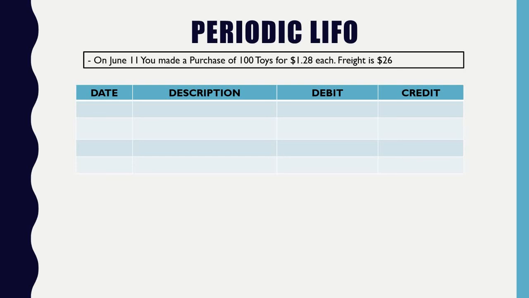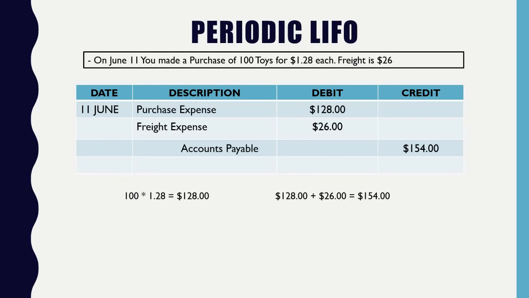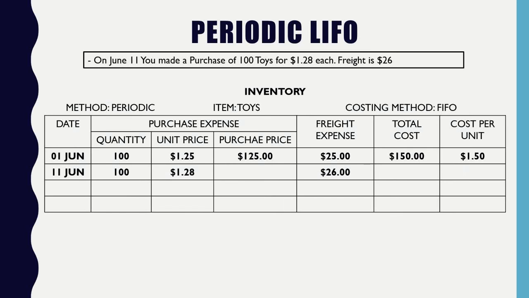Now, we also purchased more inventory on June 11th, so there it is, we just journalized it. Then we plug it into our worksheet once again.